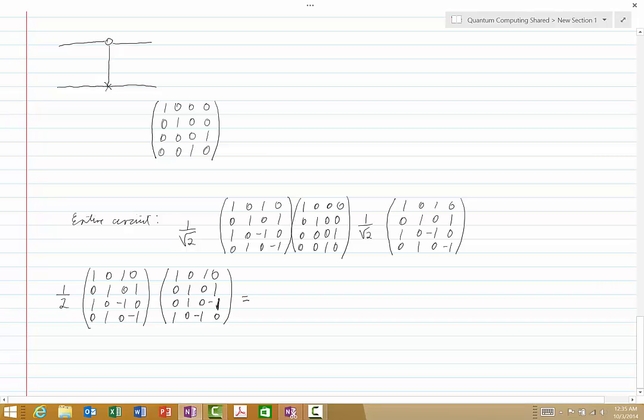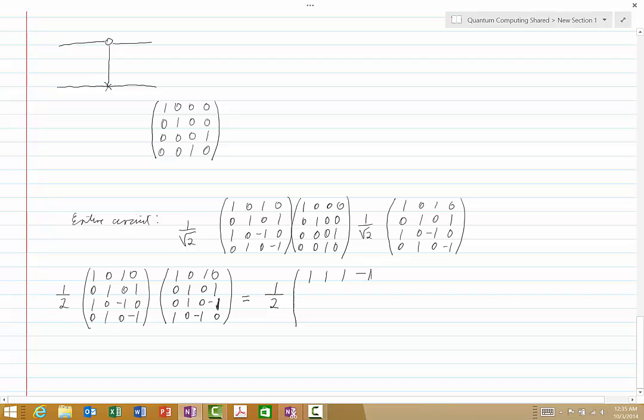And now if we multiply those two matrices together, let's see what we'll get. Okay, multiply this times this, and we'll get 1, 1, 1, negative 1.